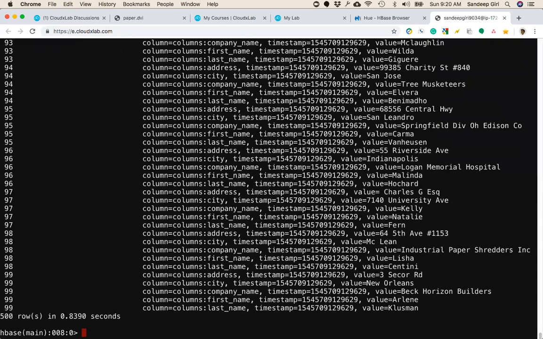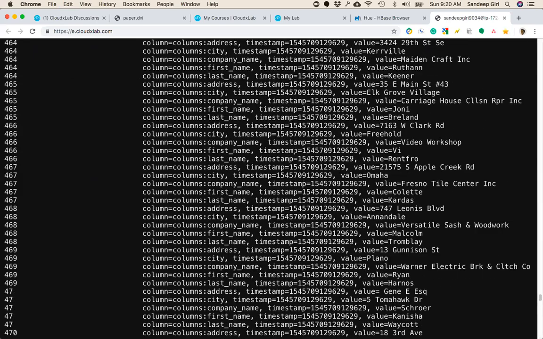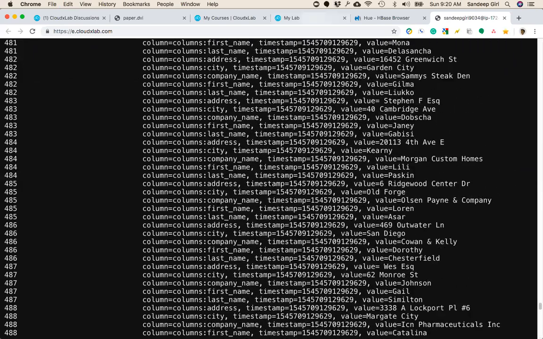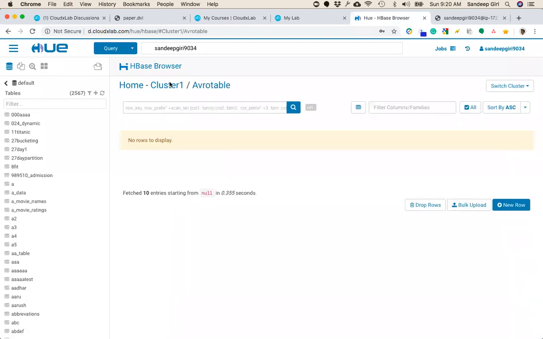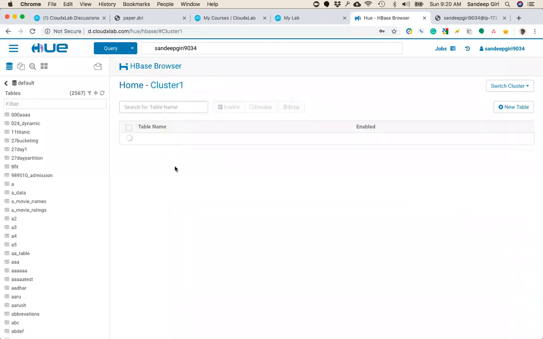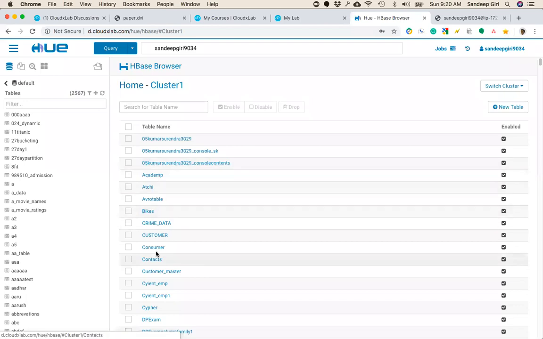Okay, so this is the data in this table. This is essentially a very crude interface, and here you can take a look at the various tables. There are no rows to display here.